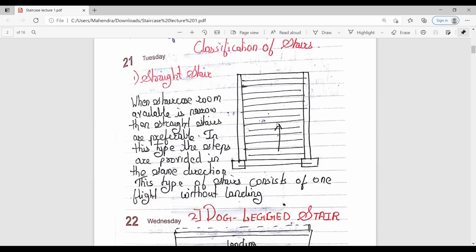So draw this diagram and write this description for the straight stairs, because sometimes in any question for 4 marks, they ask you the classification of the stairs. In that, you have to draw the diagram and write the description. For 3 to 4 marks, there may be a question to explain the classification of the stairs.